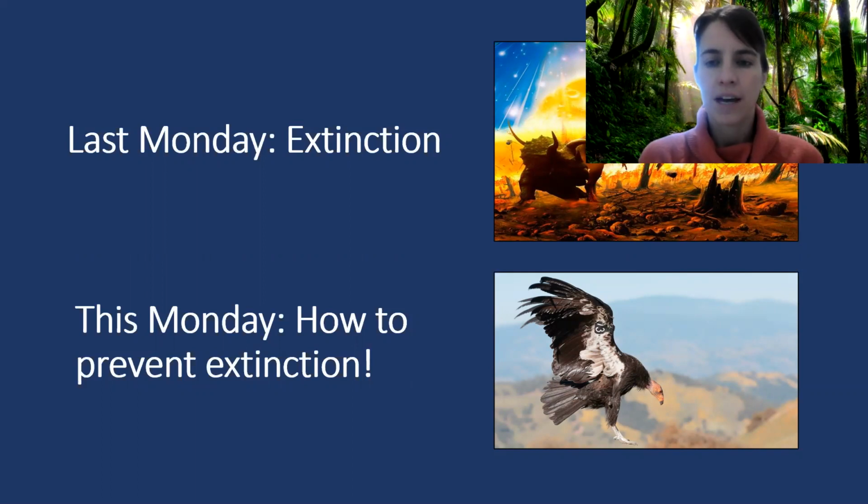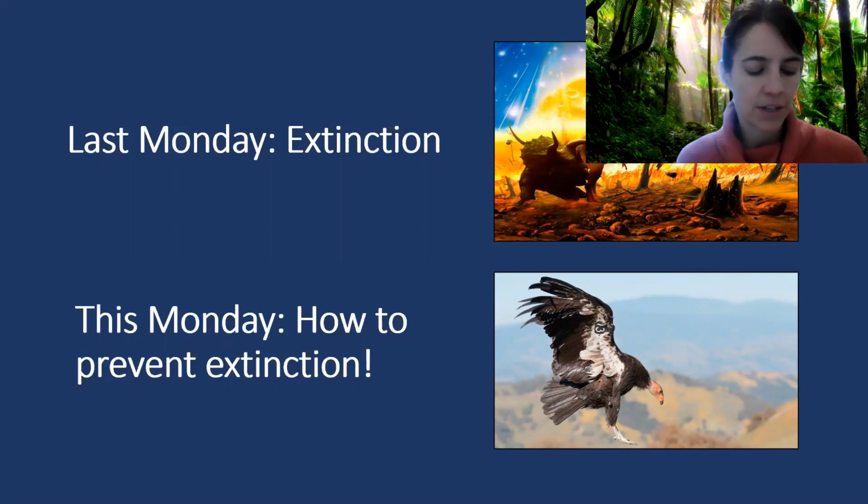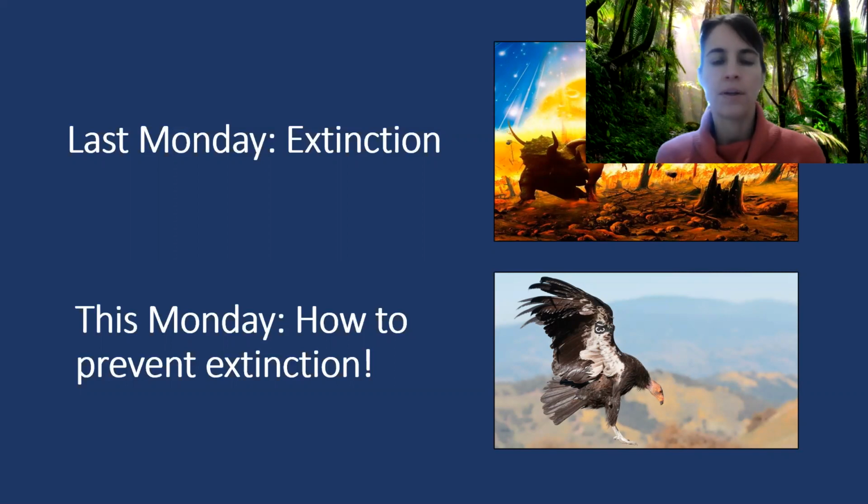So there's the California condor. It's another picture of that beautiful and enormous bird that you did your workshop on how to prevent that species from going extinct. So a lot of the concepts in that workshop you will also hear about today, because we're talking about how to plan for endangered species, how to manage them so that they don't go extinct.